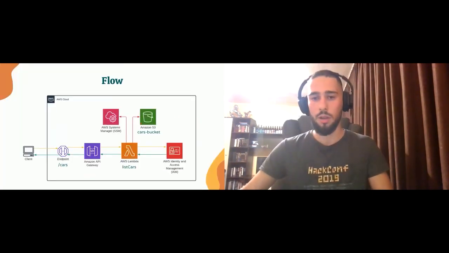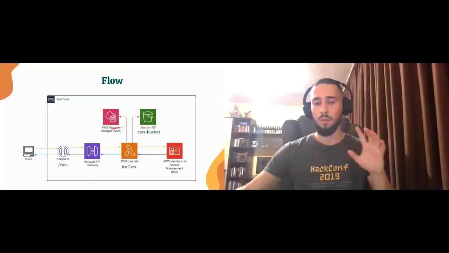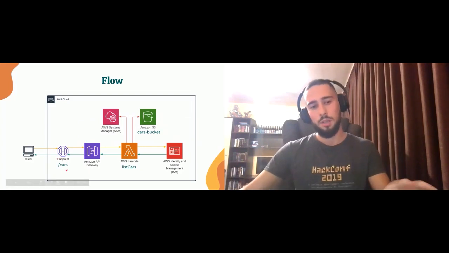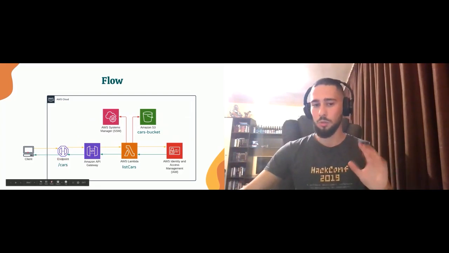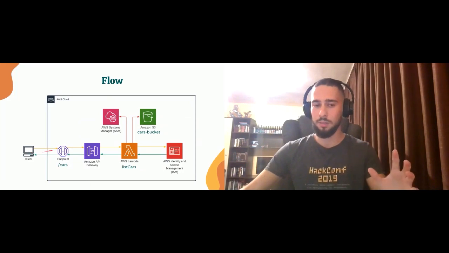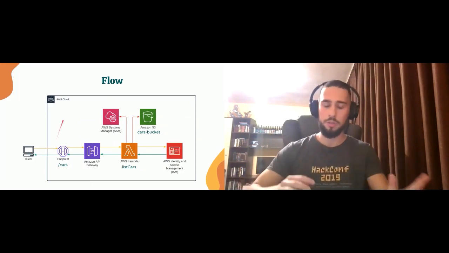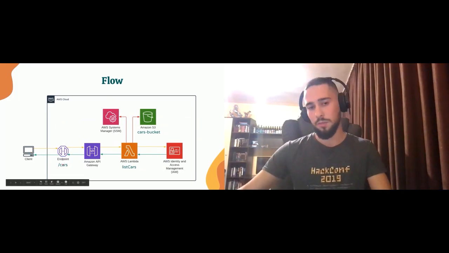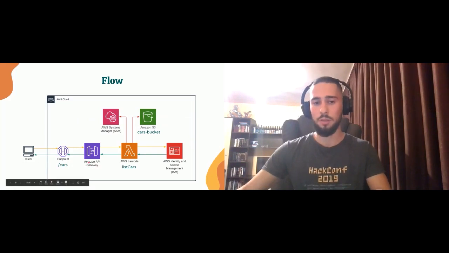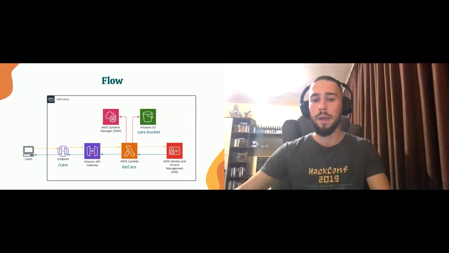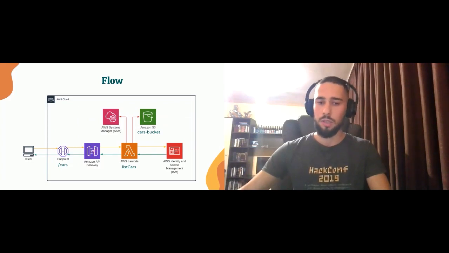So we created our API gateway, and what we have now is a cars endpoint, which is publicly accessible by the client, which is our browser in this case. We have the cars endpoint, which is part of Amazon API Gateway. It currently returns just a hard-coded response.